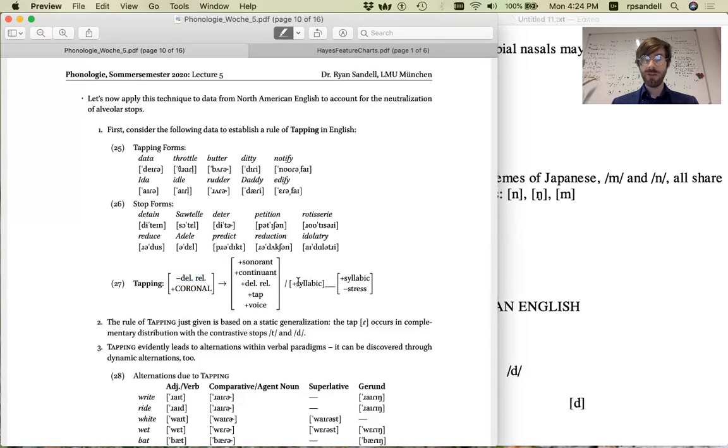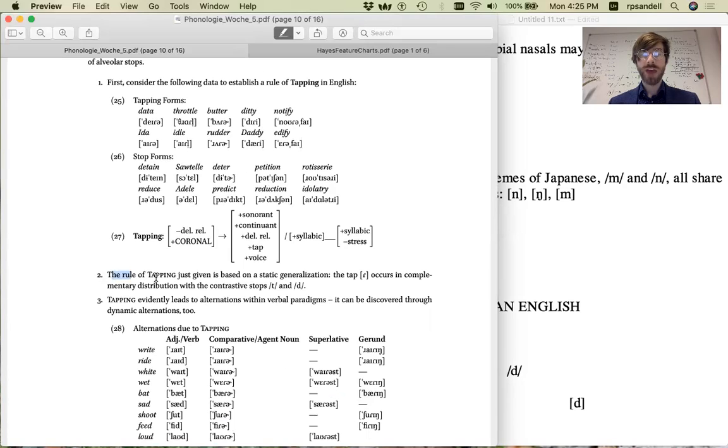If it follows a vowel, so we can see in all of the forms in 25 that the tap immediately follows a vowel, and that it precedes another vowel, which is unstressed. So we'll probably encounter this process at some other points in the course, and we may need to adjust it a little bit, but this rule will work for the data that we are looking at today.